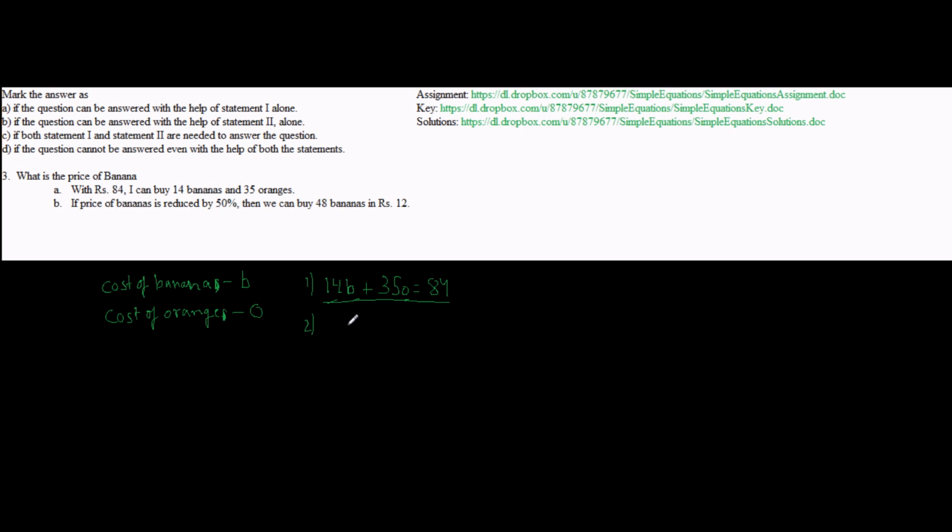Statement 2 says if the price of bananas is reduced by 50%, we can buy 48 bananas in rupees 12. Now once again, the price of bananas is unknown, which I am again assuming as B. Now what they say is that if B is reduced by 50%, then the new cost of banana is equal to B minus 50% of B, which is B minus 50 by 100 into B. 50 by 100 is half.